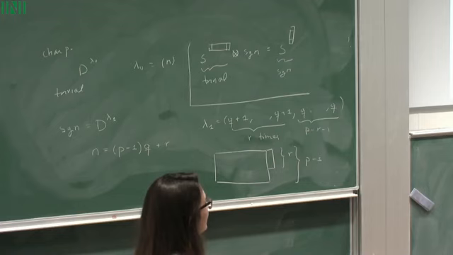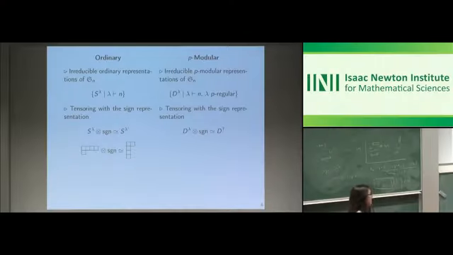Okay, so the next question is what happens in this case when I tensor with the sign representation? Can it still be just conjugating this partition? No, it cannot be that. Why? Because I'm starting here with a p-regular partition, and conjugating a partition doesn't always give me a p-regular partition again.